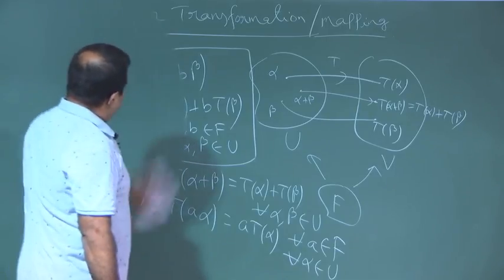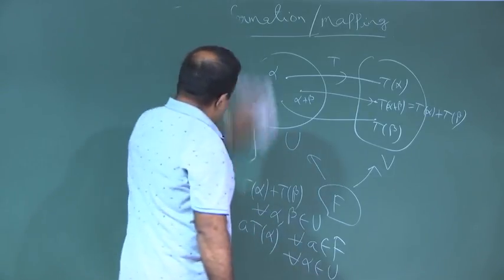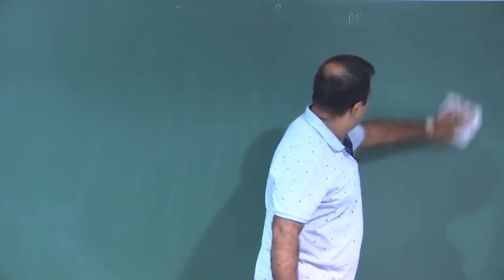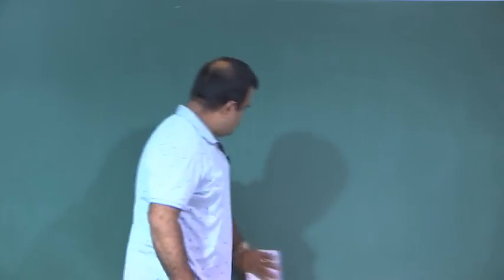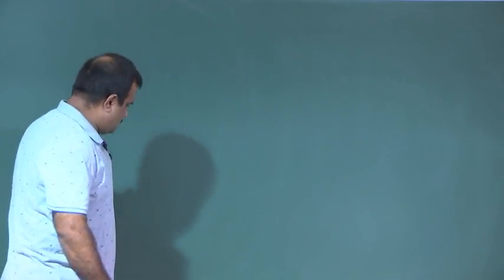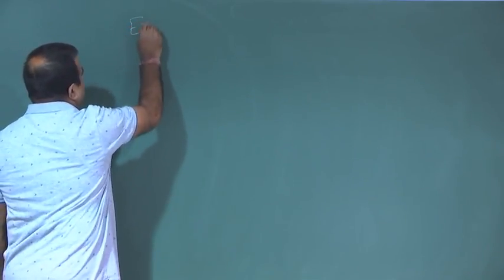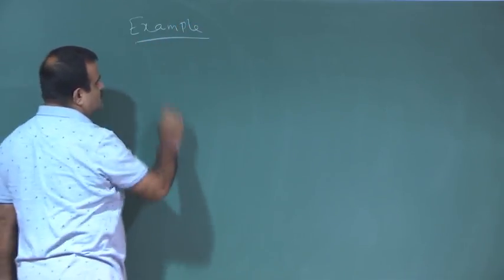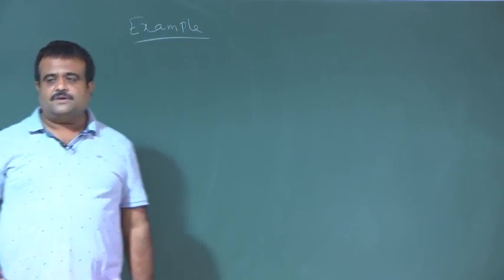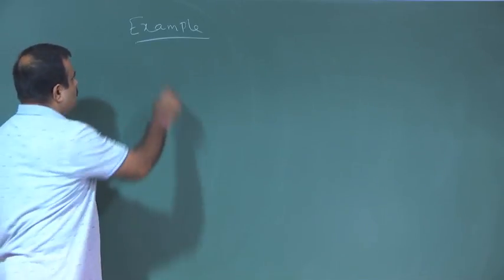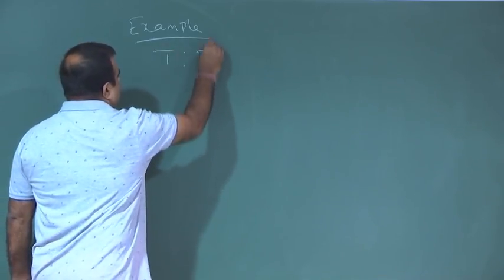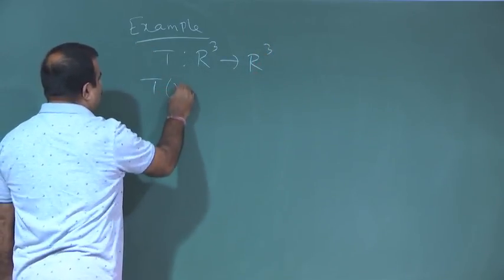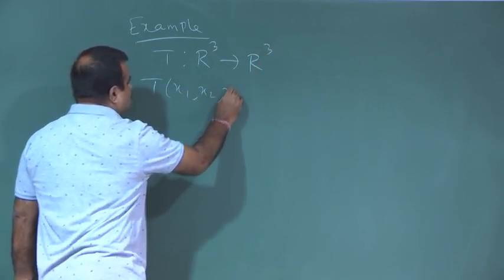Okay, now we will take some examples of linear transformation. Suppose we consider the vector space R 3. We define a mapping from R 3 to R 3 like this: T of x 1, x 2, x 3.